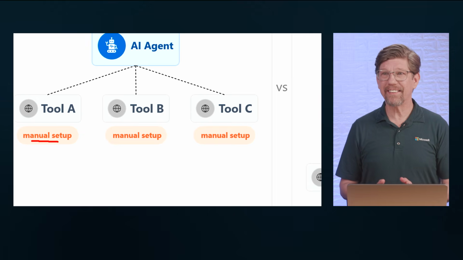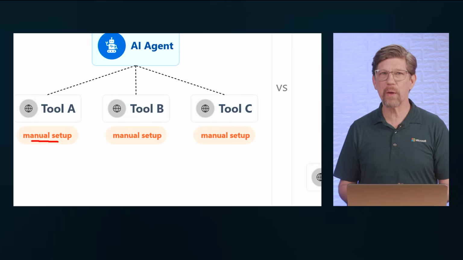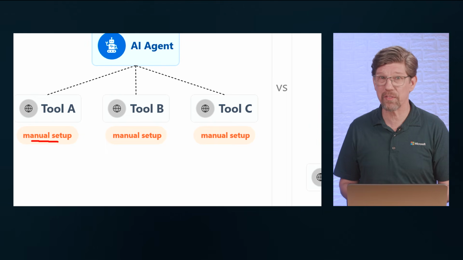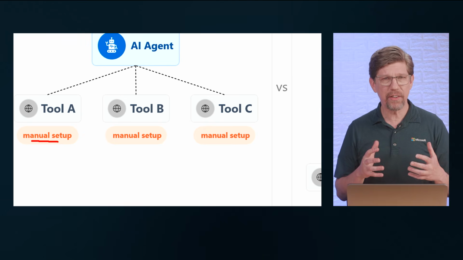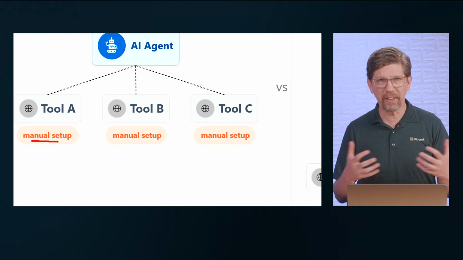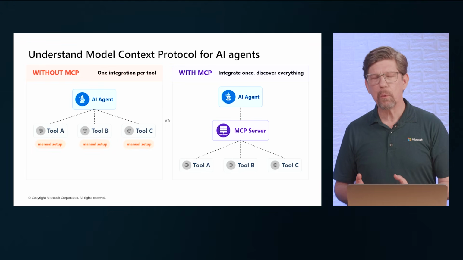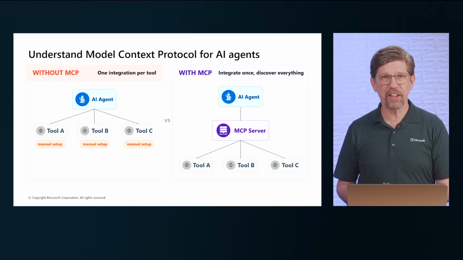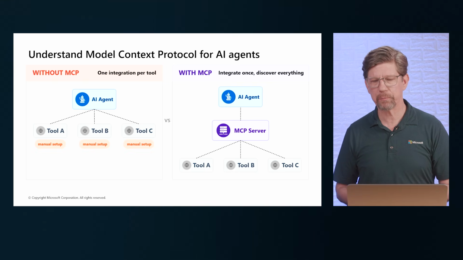It's not unheard of for some agents to have 10, 20, 40, 50 tools. And that's a lot of baggage that comes along with building those tools into your agent. Well, one of the advents lately has been this idea from Anthropic, which is the MCP, or Model Context Protocol.